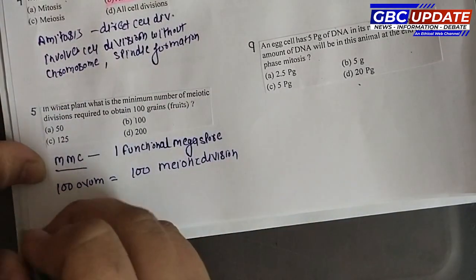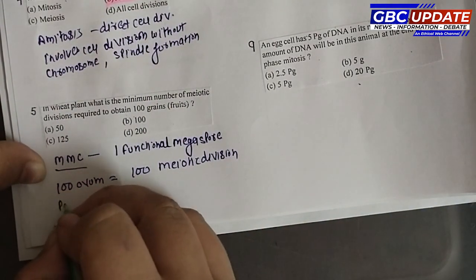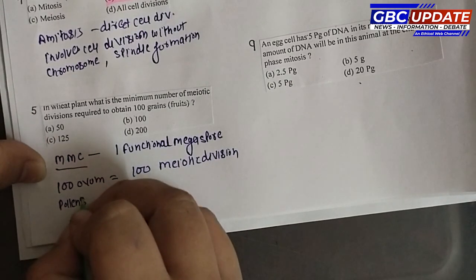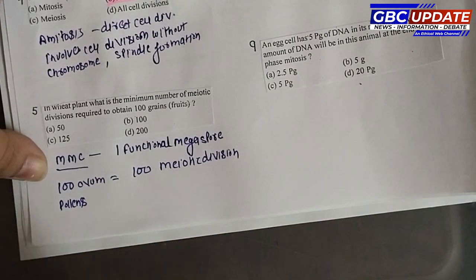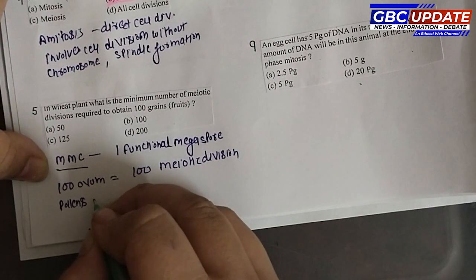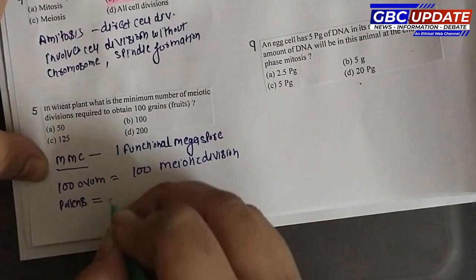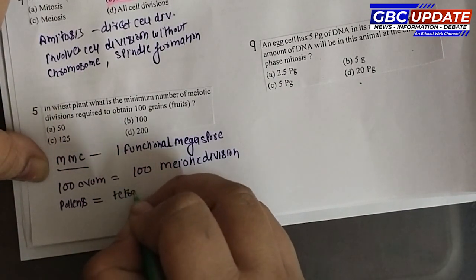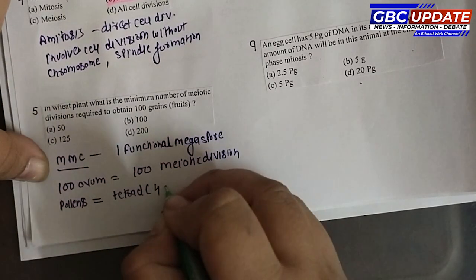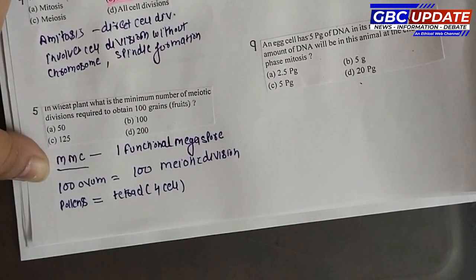But this is not the case for pollen, because seed is the final product of fertilization, formed by the fusion of ovum and pollen. Pollen are produced in tetrad form. Tetrad means four cells and all of them are functional.